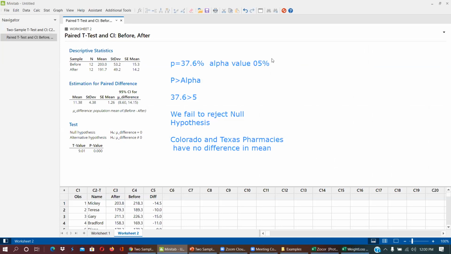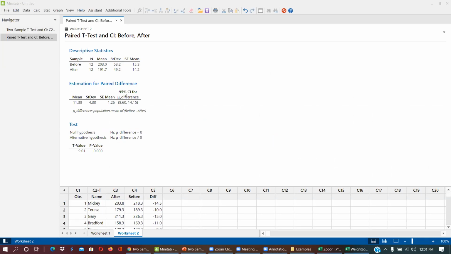Here you can see before is this, after is this, t value is 9.01, p value is 0. So how do we conclude here? Is there a difference?